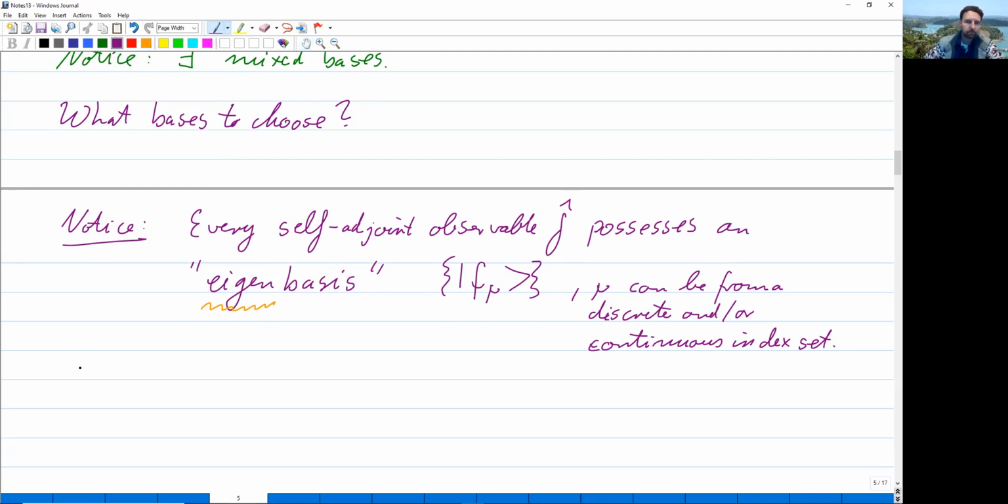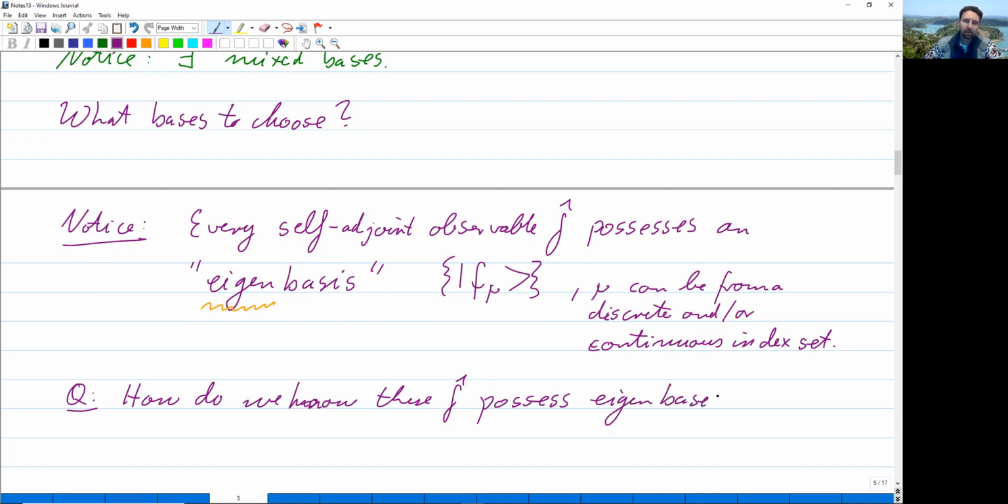So, question, how do we know these f hat possess eigenbases? And the answer is, this is the content of the spectral theorem.